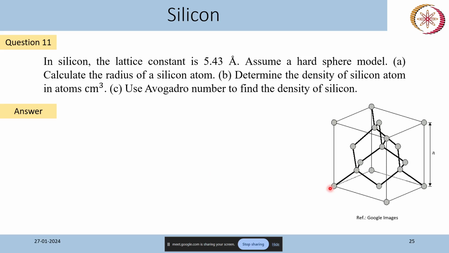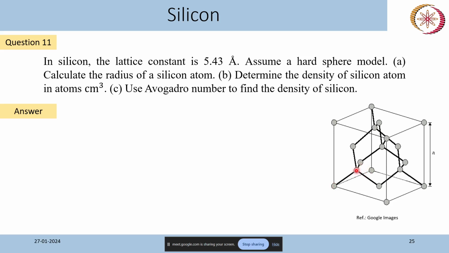Let me give you one clue also. In the case of silicon, it is a diamond structure, and in the diamond structure, basically two FCC lattices, face centered cubic lattices, are interpenetrated and shifted by 1/4 of the body diagonal.